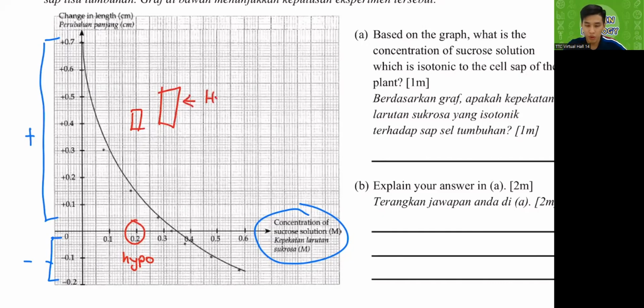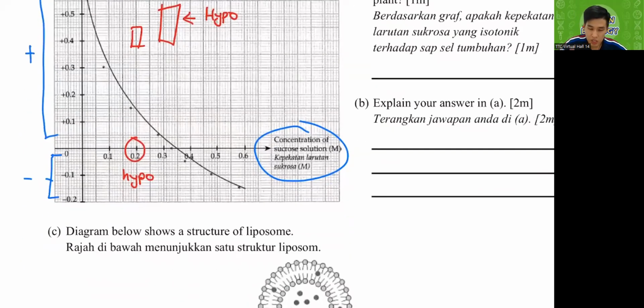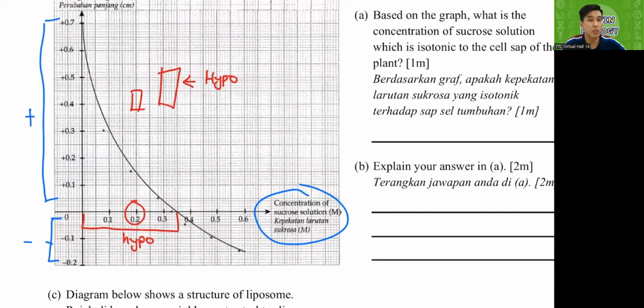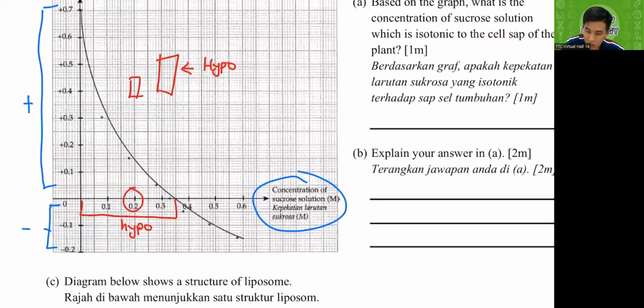So hypo to hyper, water comes in. So from 0 all the way to 0.35, all is hypo because at all these concentrations, my length increases. Then from here to here, all decrease, right? So decrease means water comes out and the cell becomes smaller. Understand?